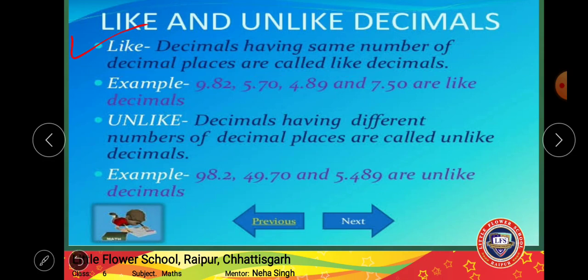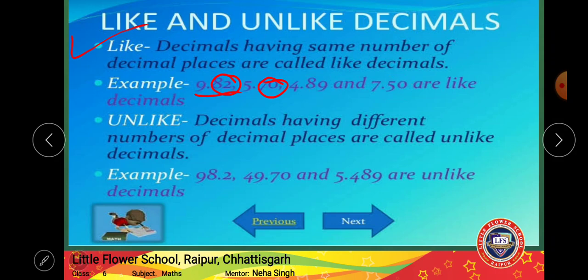Like see here, 9.82, after the point 2 digits are there. 5.70, again 2 digits after the point. 4.89, again 2 digits after the point. So these are all like decimals because they have the same number of decimal places, right?